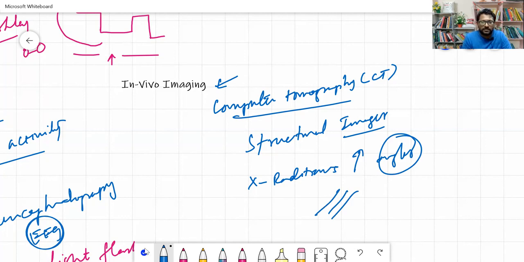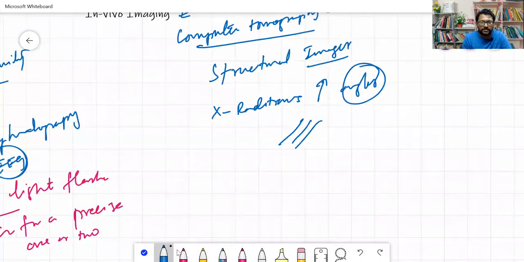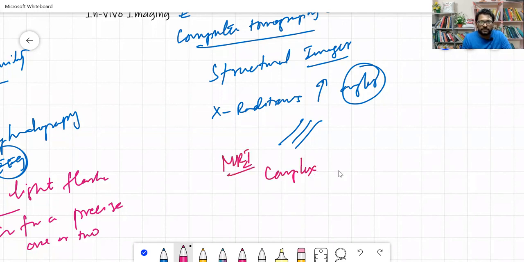And MRI is the most recently developed technique, which was initially introduced as a rival to CT, but the technique itself is very complex, relying on the measurement of the response of hydrogen atoms.